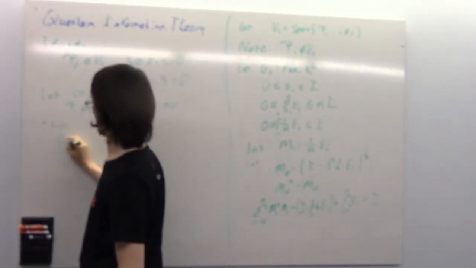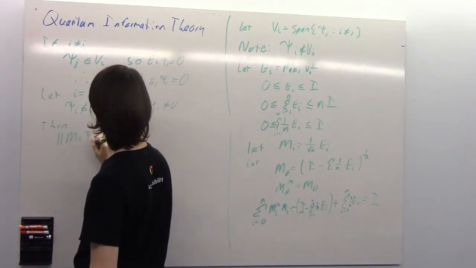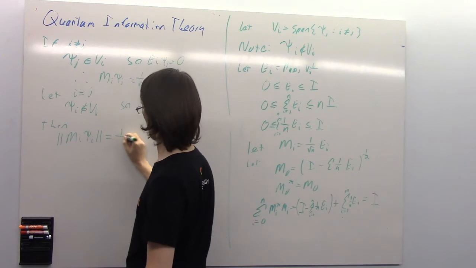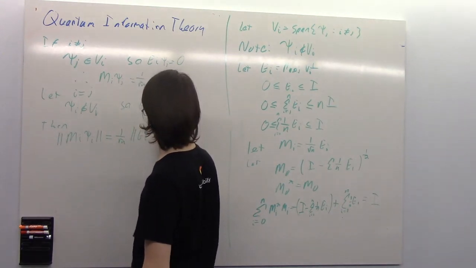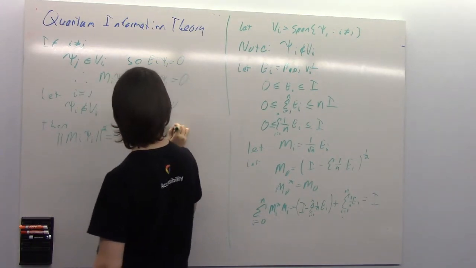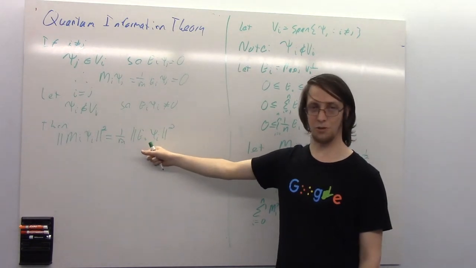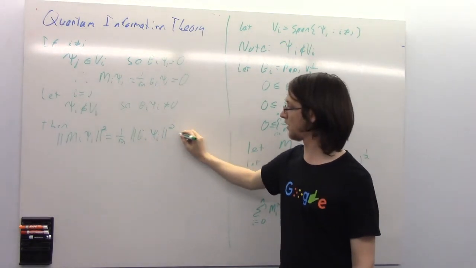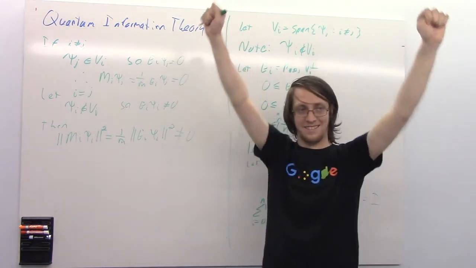Then, the norm of Mi Ci, which equals 1 over the square root of n, norm Ei Ci, squared, is not 0. So the norm can't be 0. So this is not 0. And we're done!